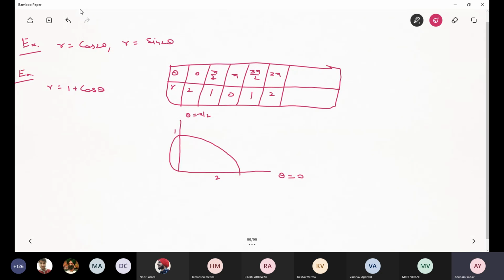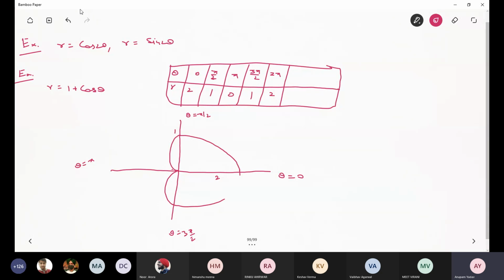When theta goes from pi to 3 pi by 2, this line is theta equal to pi and this line is theta equal to 3 pi by 2. So when theta moves from pi to 3 pi by 2, again it starts from 0 and goes to 1. And from 3 pi by 2 to 2 pi, it is increasing from 1 to 2.